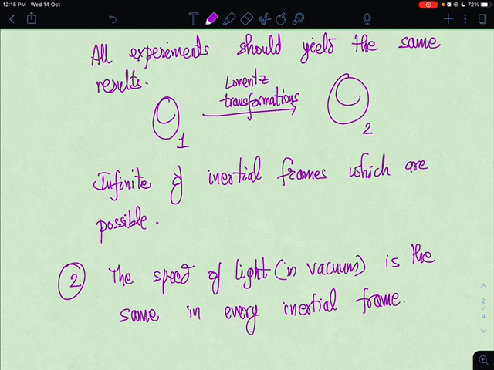So that means we have a constant in the theory, and this constant sets some sort of limit. Every time you have a constant in some theory, like, for example, quantum mechanics has a constant called Planck's constant, that sets the limit of when quantum mechanics becomes important compared to classical mechanics.